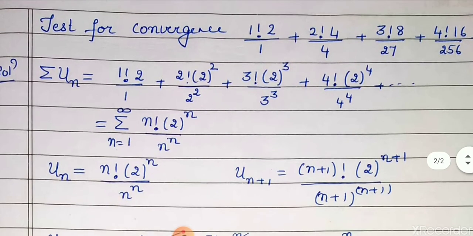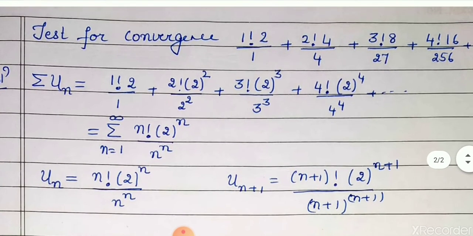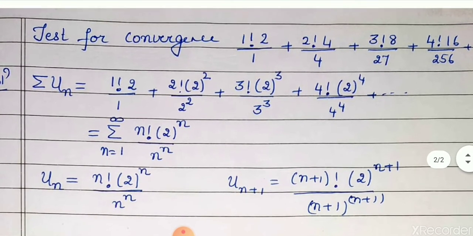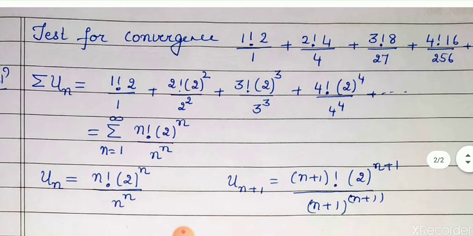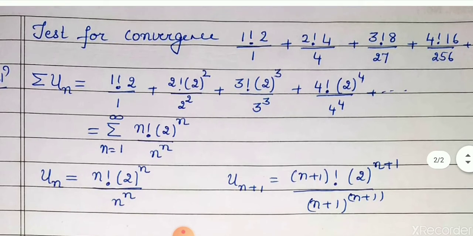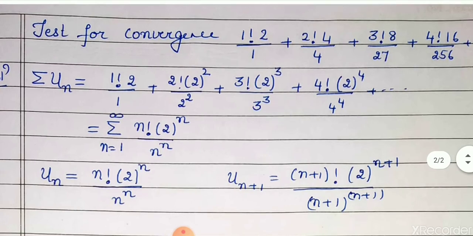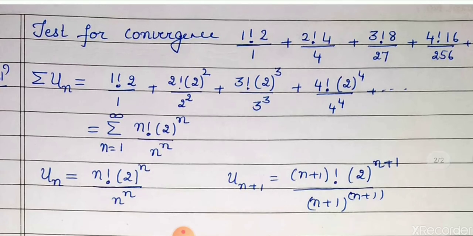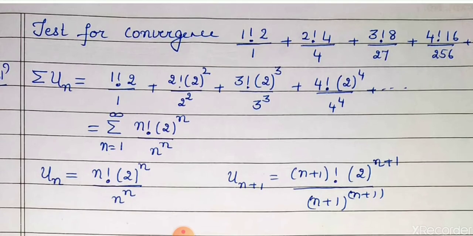Now in the denominator, how are you going to write it? The denominator is 1, 4, 27, 256 and so on. So it's the same thing as 1 in the denominator of the first term. 4 can be written as 2 square. 27 can be written as 3 cubed. 256 is written as 4 raised to 4.